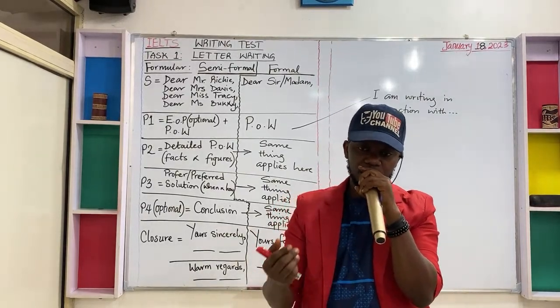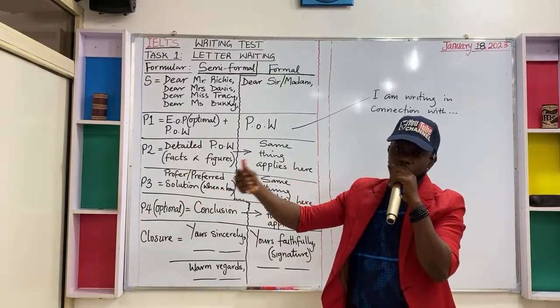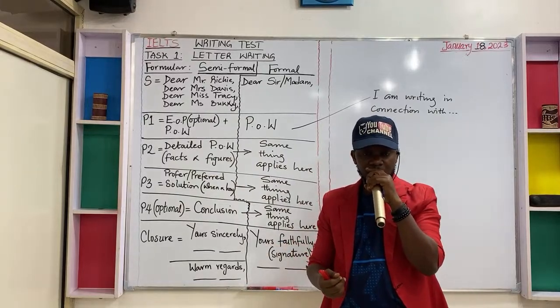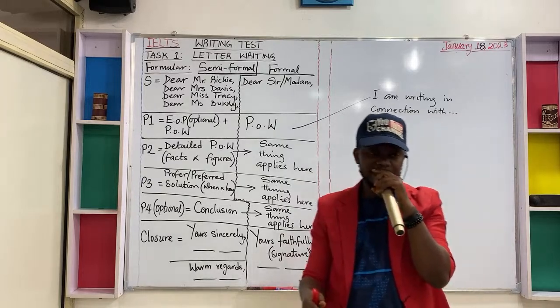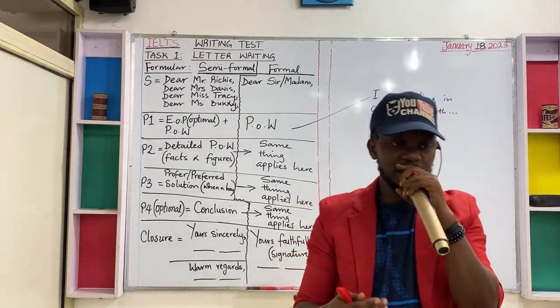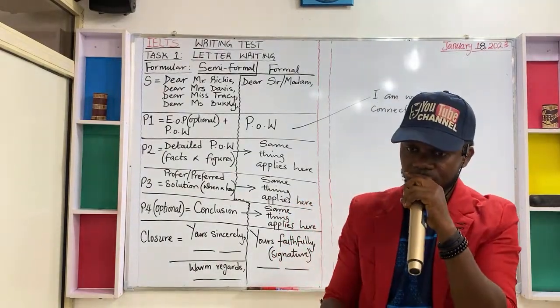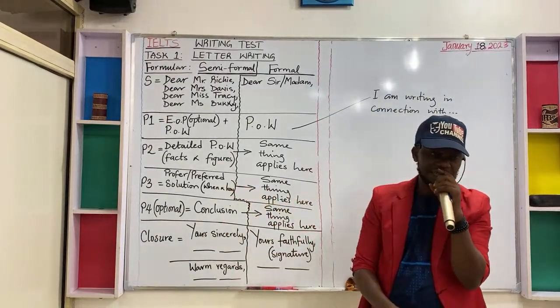So if it's available on the 2nd, either you go to pick it up yourself, or you want them to dispatch it using a courier company. Also indicate that you are willing to take care of all the financial implications that it would incur. Right? So those are solutions you want to bring in for semi-formal letters.